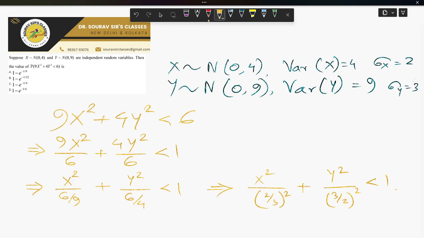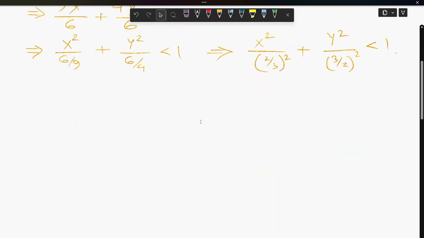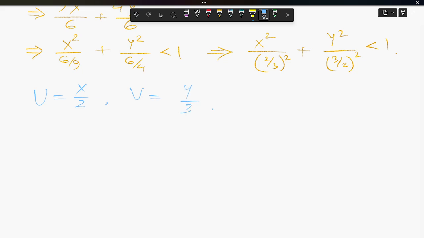Now we are going to transform X and Y to the standard normal variables. Let U be X by 2 and V be Y by 3.